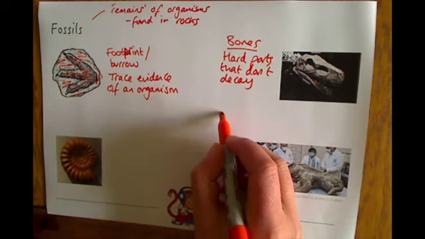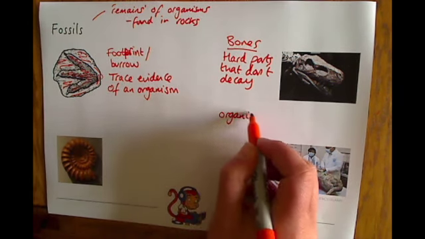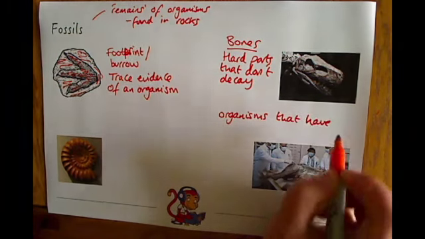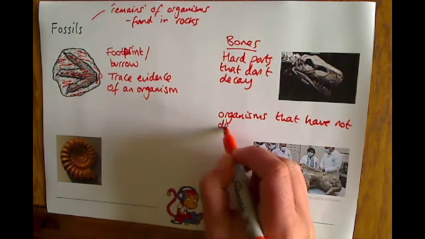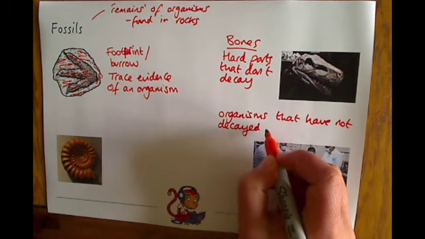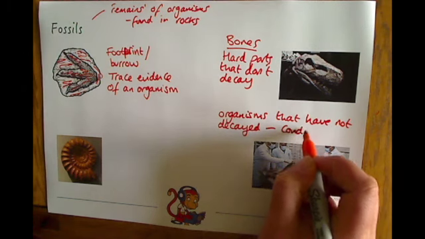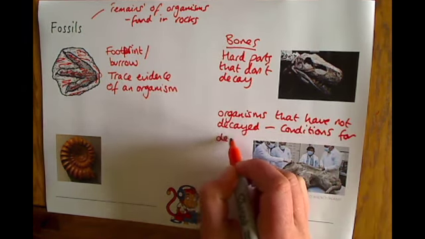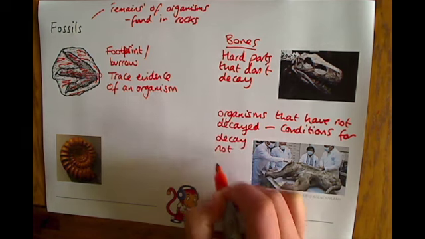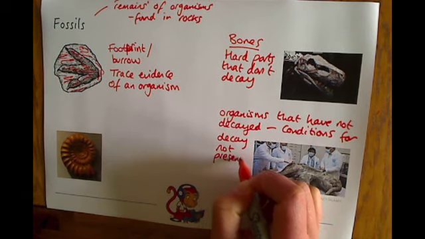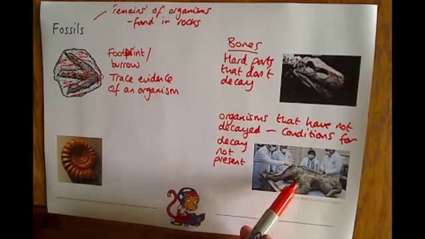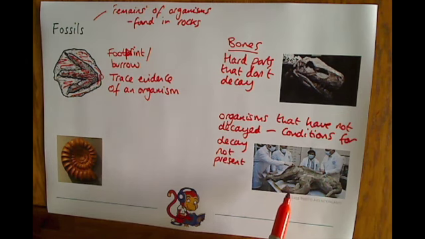So that's another way we can get fossils, organisms that have not decayed, maybe because conditions for decay were not present. These types of fossils are quite rare, but obviously they're the ones that are going to give you the most detail because you've got the most of the animal still existing for you to look at.